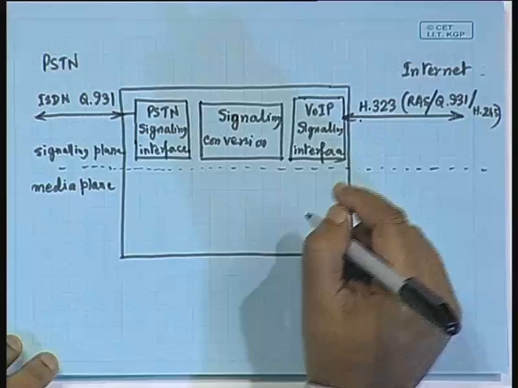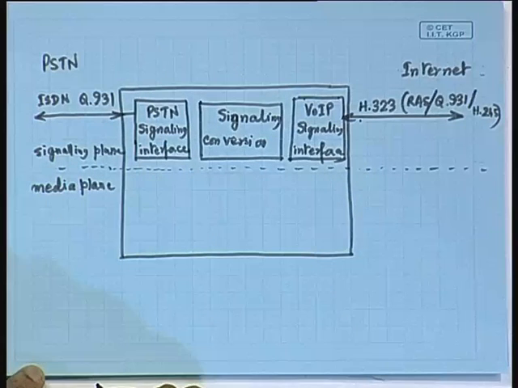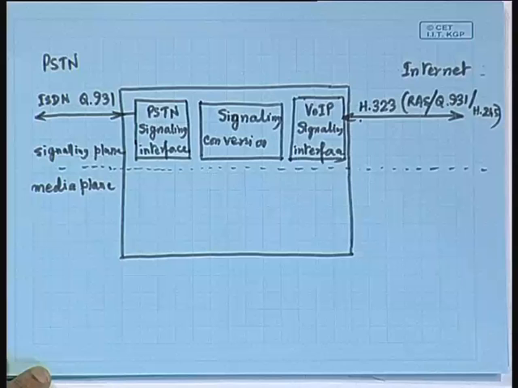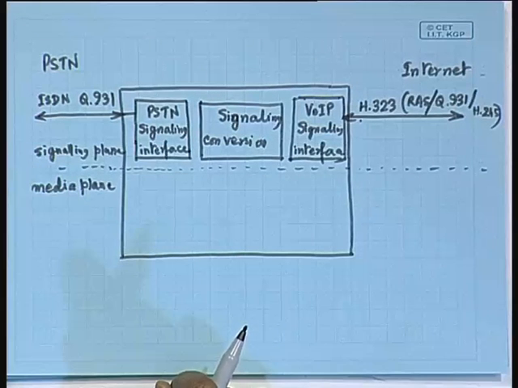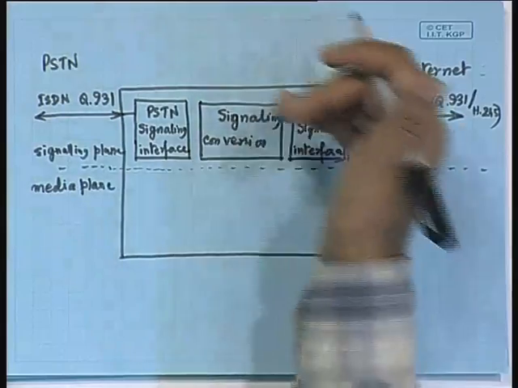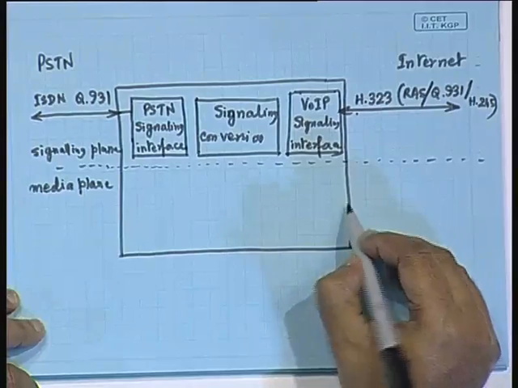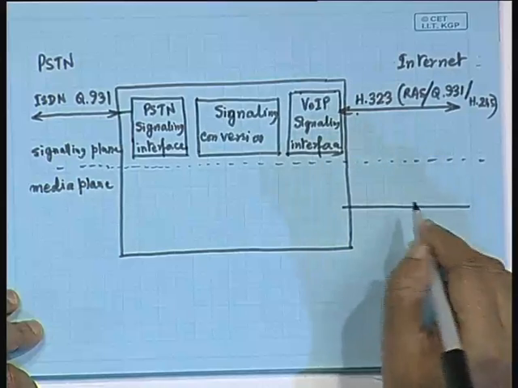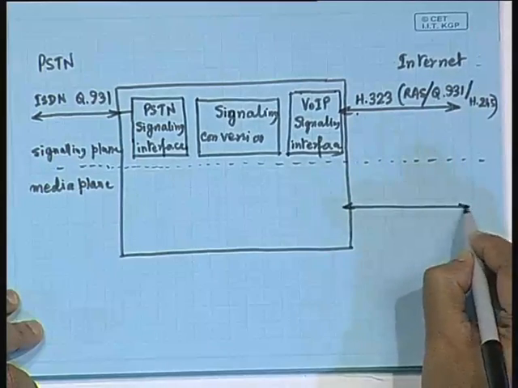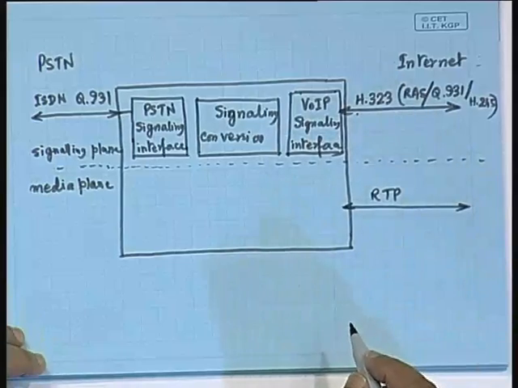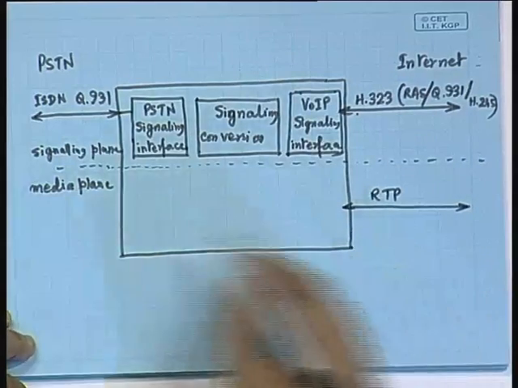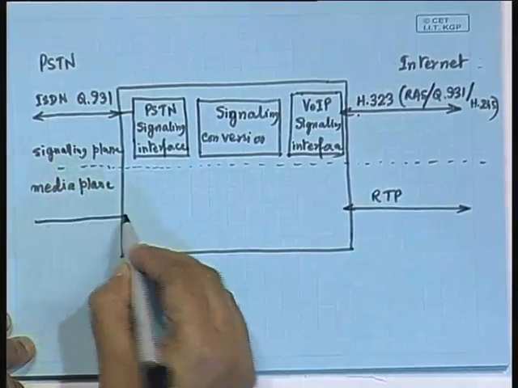Now, on the other side, at the media plane side, it is only dealing with the data, because the top part deals with the signals and the lower part deals with the data. Here the data will be a part of the RTP payload, so we write RTP.